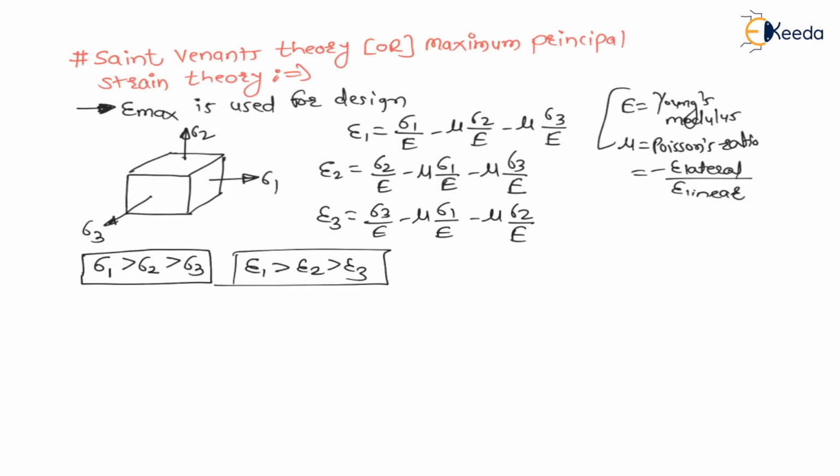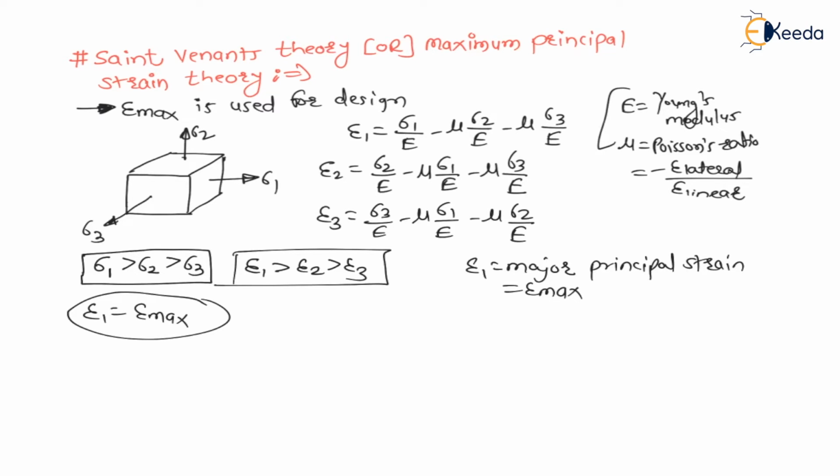Therefore, E1 is major principal strain, which is nothing but E max, and this E max is used for the design. This E1 is equal to E max. This E max is used for the design, right?